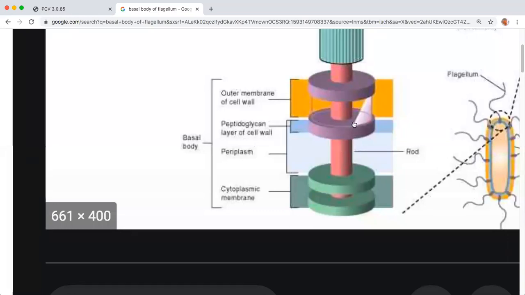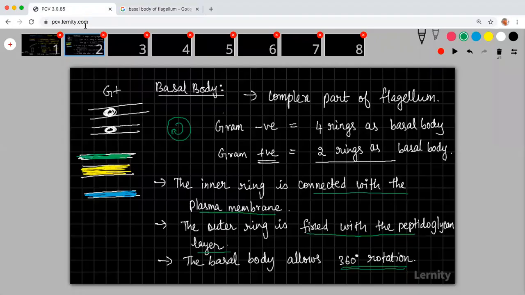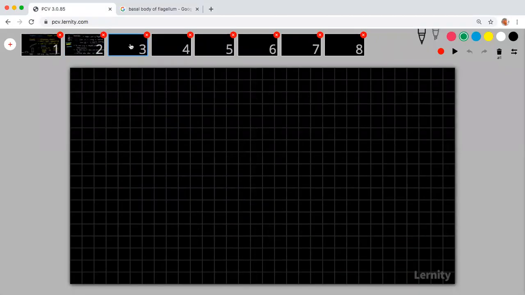Just to indicate the gap. They have tried to project it in a three-dimensional way. That's the shadow. Okay, so this is about the basal body and flagellum.